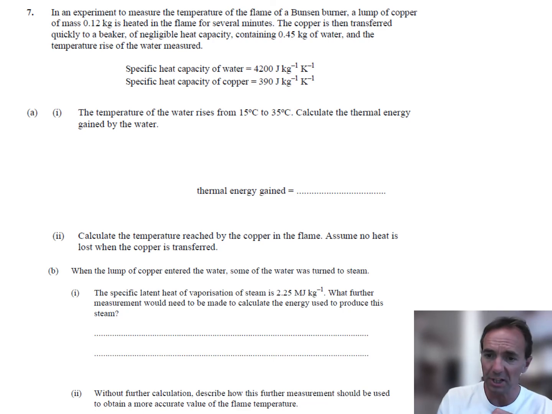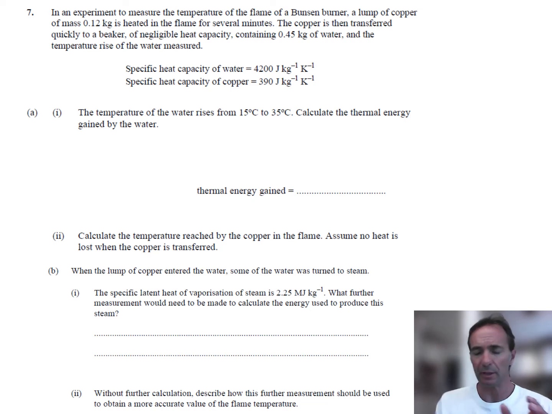Yeah, good idea. Okay, temperature of the water rises from 15 to 35. Calculate the thermal energy gained by the water. Straightforward, specific capacity, job done. Calculate the temperature reached by the copper flame, assuming no heat is lost when the copper is transferred. So therefore, what you're dealing with here is the temperature difference of the copper.